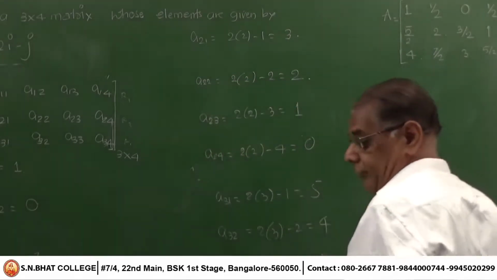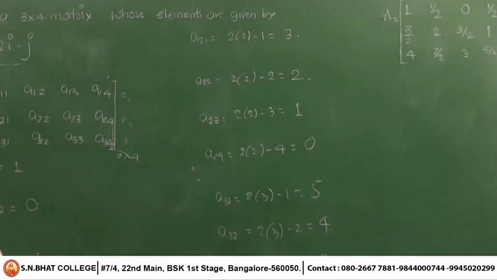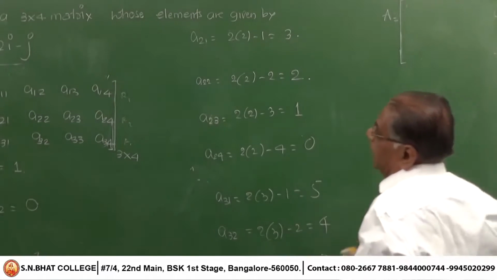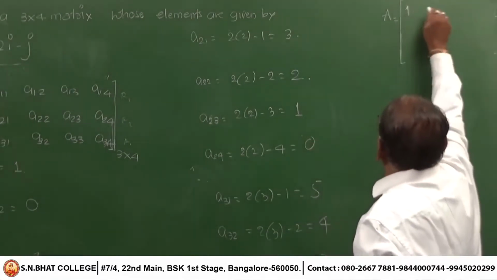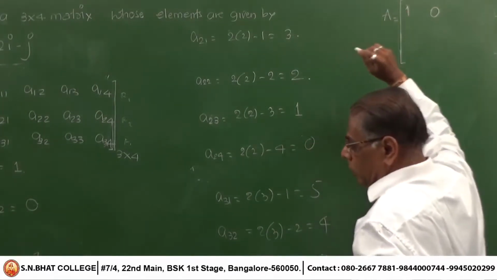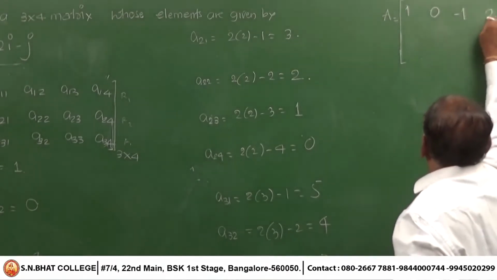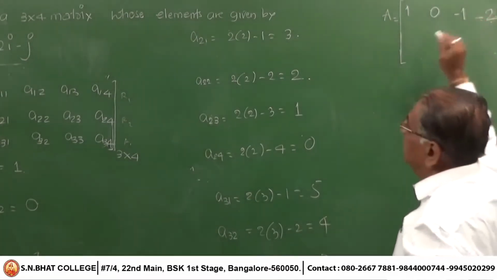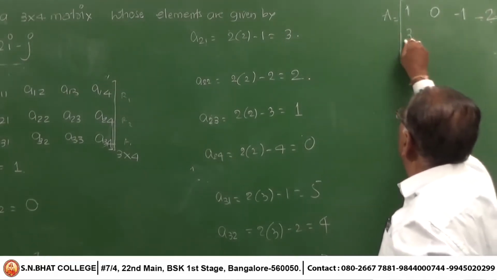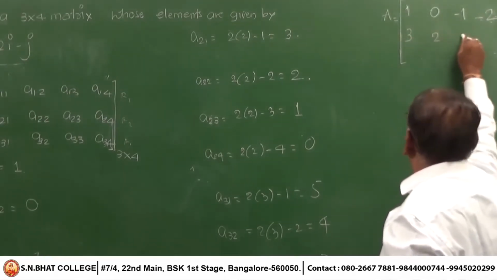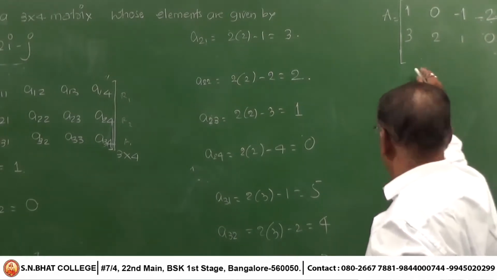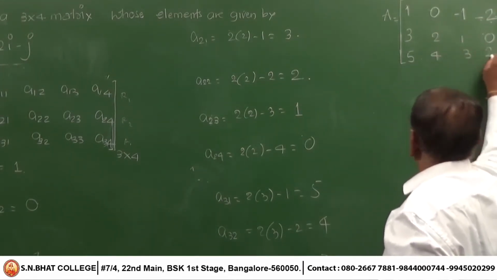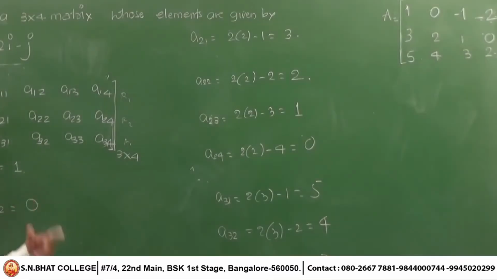Therefore, the required matrix is: 1, 0, minus 1, minus 2; 3, 2, 1, 0; 5, 4, 3, minus 2. I will continue this in my next class.